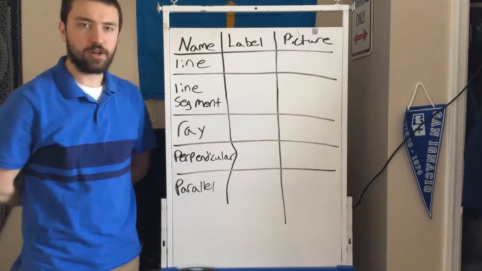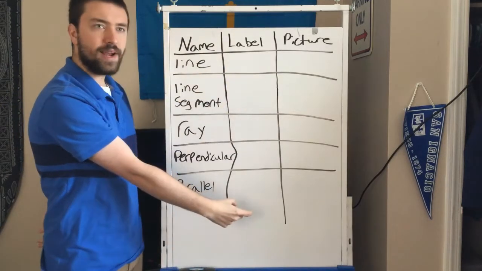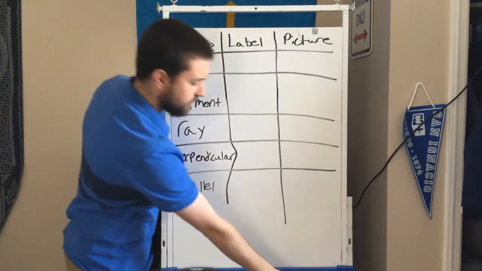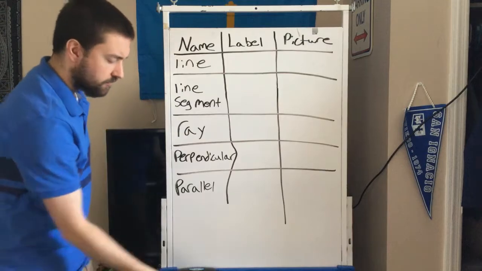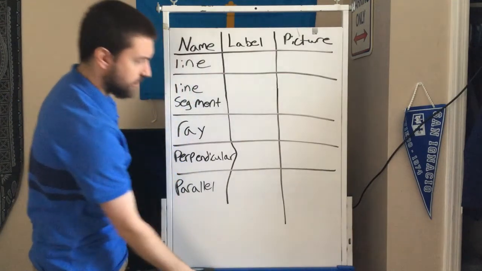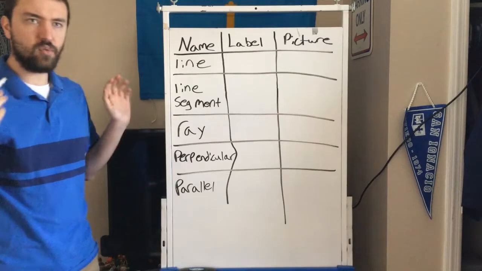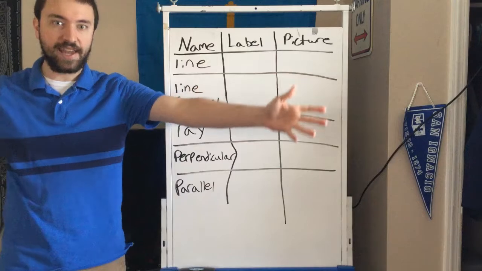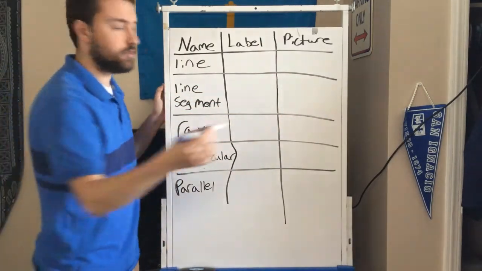But to start with, we're going to talk about what each of these pieces are, how to write them, and what they look like. Mathematicians have a very special way of labeling each of these things. We're going to start with a line. Now, we know what a line is. A line is a straight side of something, but the special thing about a line is that it goes on forever.